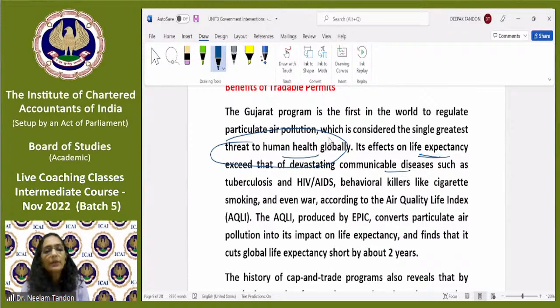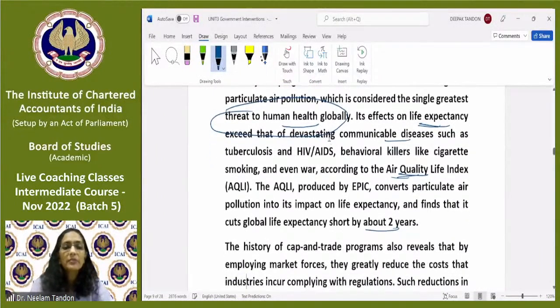Similarly, like other factors like cigarette smoking, it adversely impacts quality of life index. Okay, so these are the factors. It reduces life by 2 years. So if you're going to live 90 years, you will live less than that. 88 years आप survive करेंगे in that case. So your life expectancy goes down.